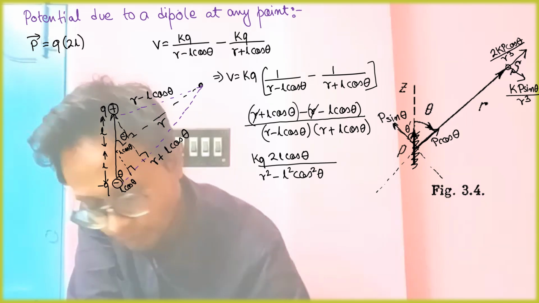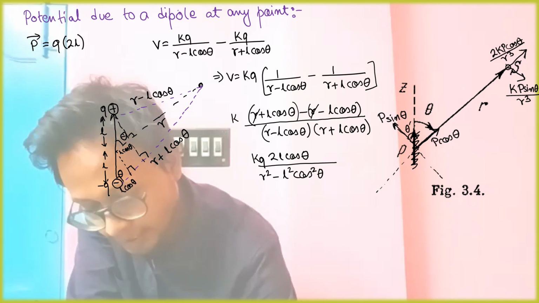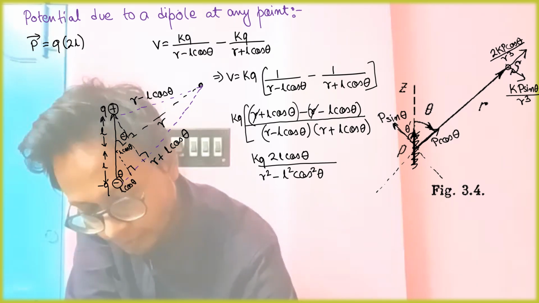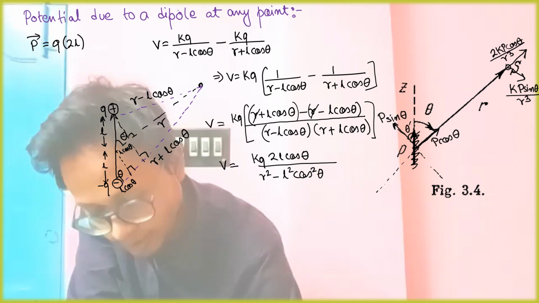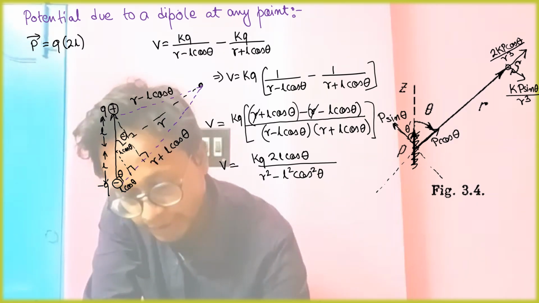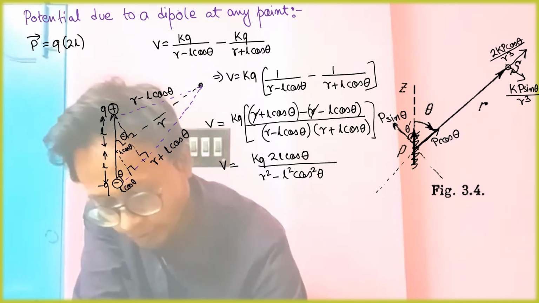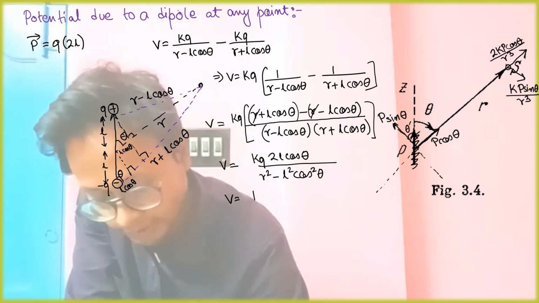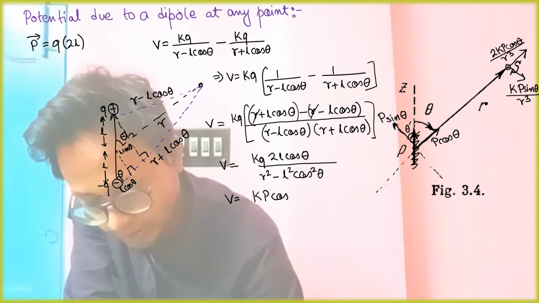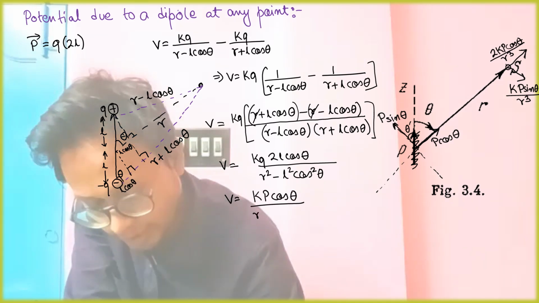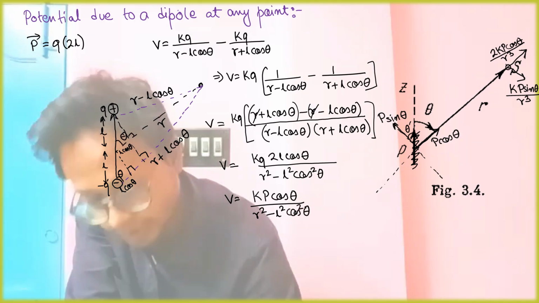Now what is Q into 2L? Q into 2L is nothing but the dipole moment p, so the potential at point R is equal to Kp cos theta by R square minus L square cos square theta.